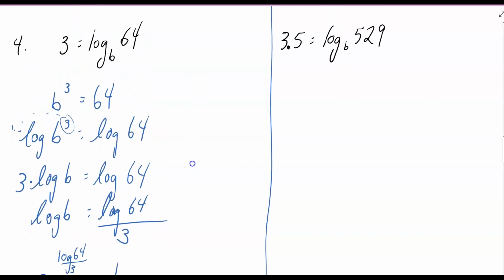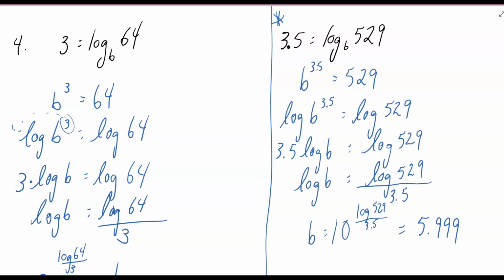Pause the video and try this other one over here for yourself, following the same pattern. And then I will show the results. Okay, there you can have a look at the answer, 5.999, essentially 6. If you were to sub 6 in, you get a value that is just a little higher than 529. But it's basically 6.